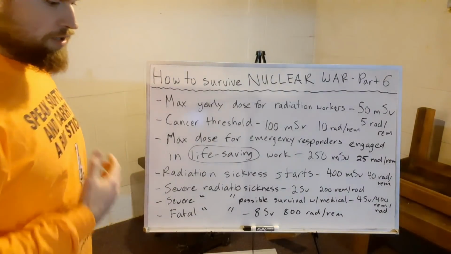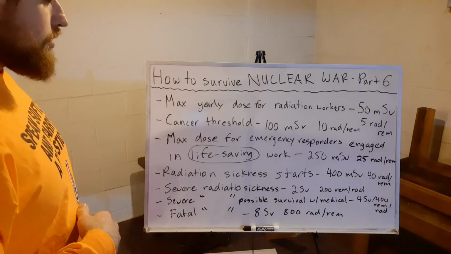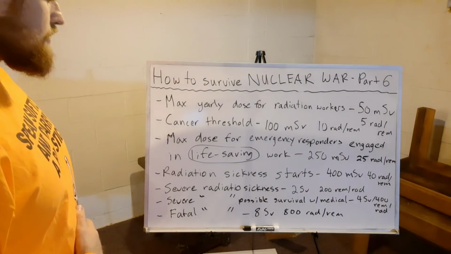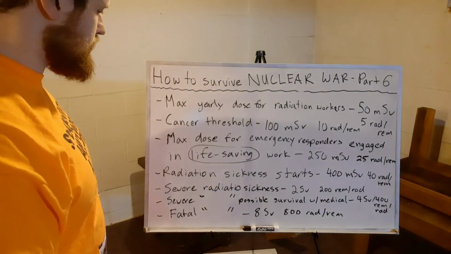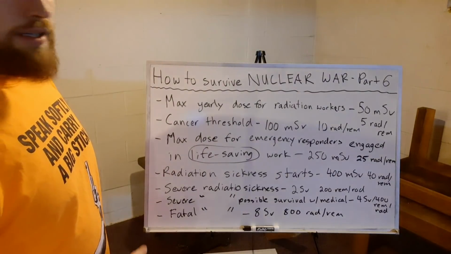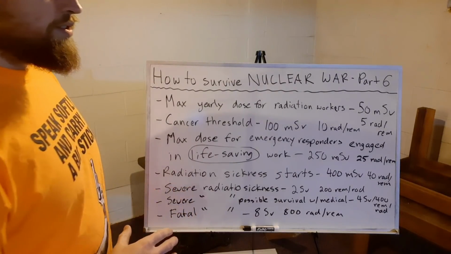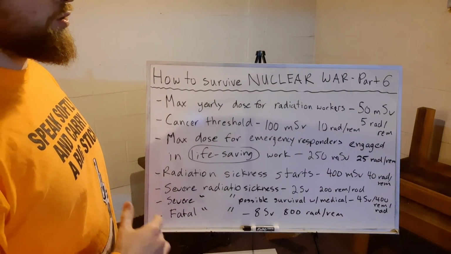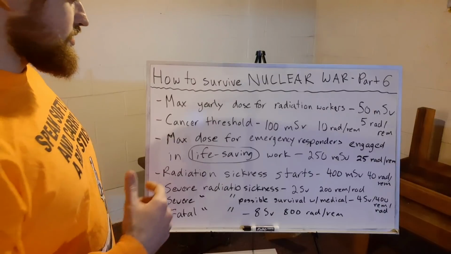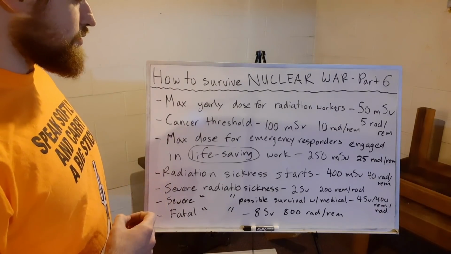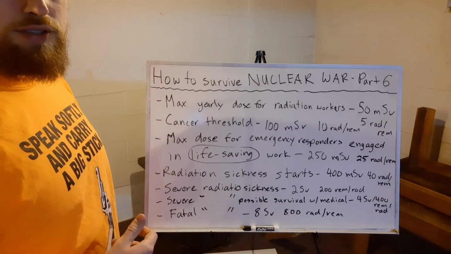Now, if we're talking about a nuclear war or nuclear attacks of some kind, you really don't want to get any kind of radiation sickness, because you have to remember that even if you get radiation sickness during normal rule of law conditions, it's still going to be a slow recovery with a lot of complications.